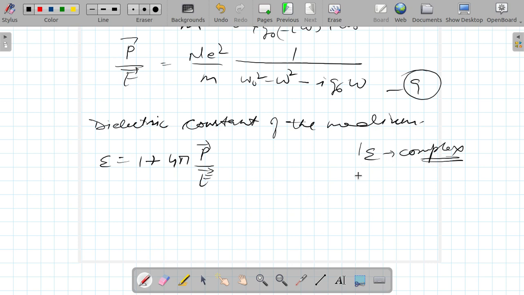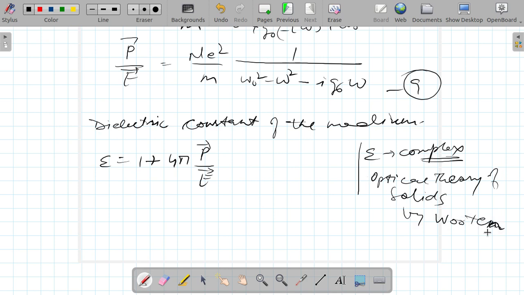For this you can follow the book Optical Theory of Solids by Bhutan. It's a very beautifully written book.